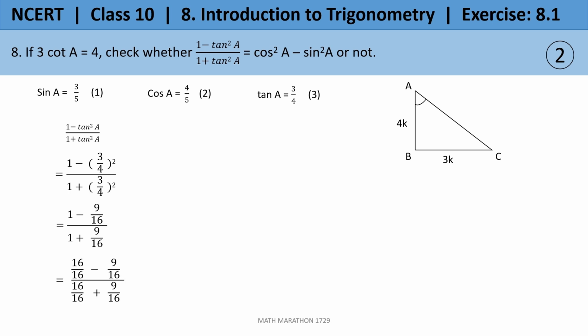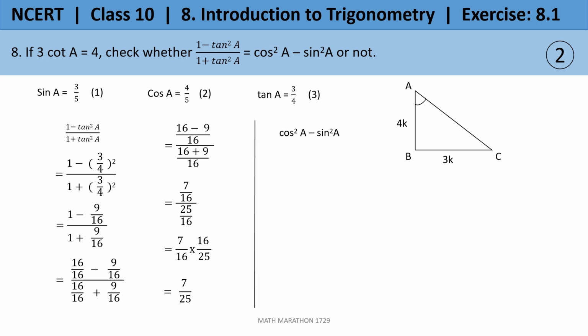To do some operation in the numerator, we need to have a common denominator. Is equal to 7 by 16 divided by 25 by 16. In numerator and denominator, we have 16. We can cancel out 16. Is equal to 7 by 25.